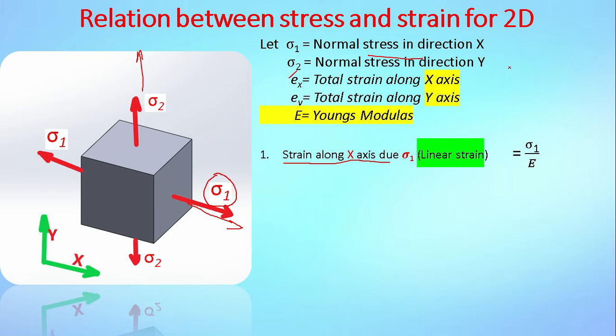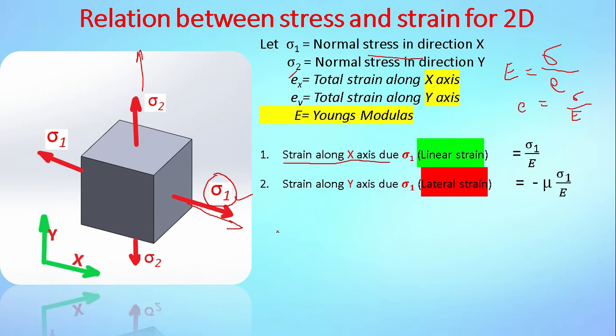We know that E is equal to stress divided by strain. So strain is equal to stress divided by Young's modulus. So this is sigma 1 divided by E. This is a linear strain due to the effect of stress sigma 1.